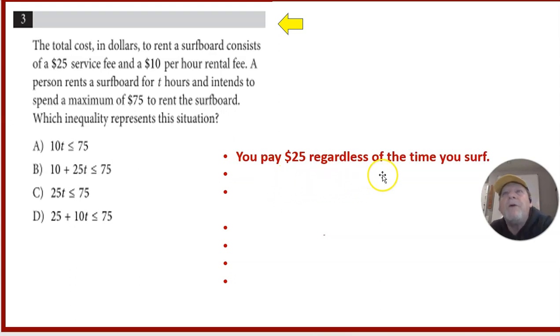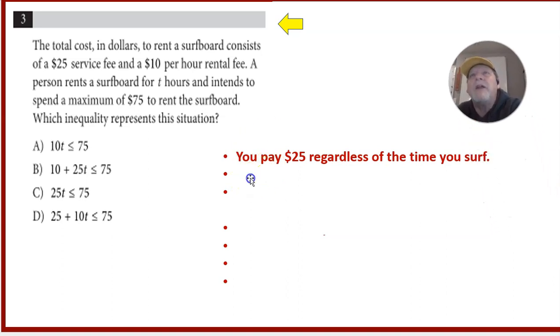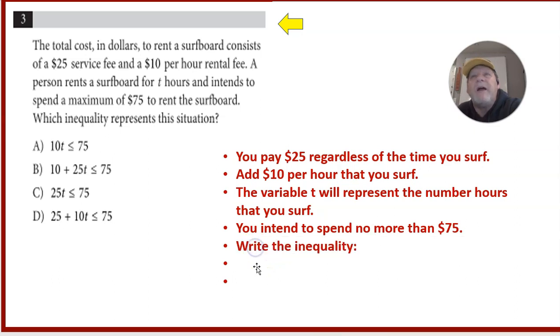So you pay $25 regardless of the time you surf. So it's going to cost you $25 even if you back out once you get that surfboard. $10 per hour, so there'll be a timer of some kind. They want you to use T as the variable, and you intend to spend no more than $75. So you write the inequality.